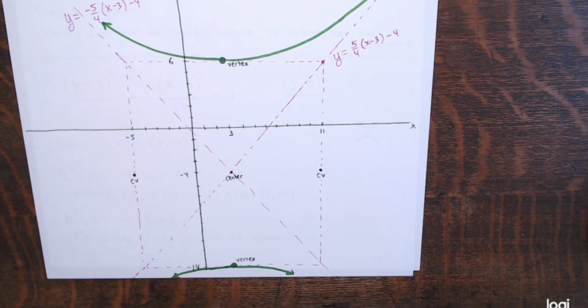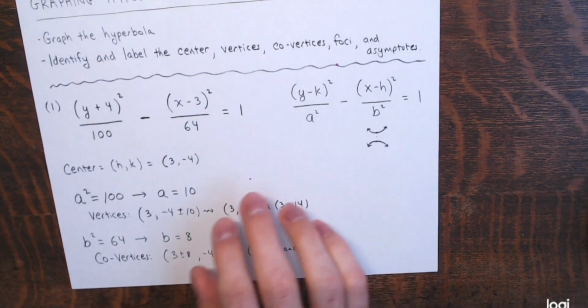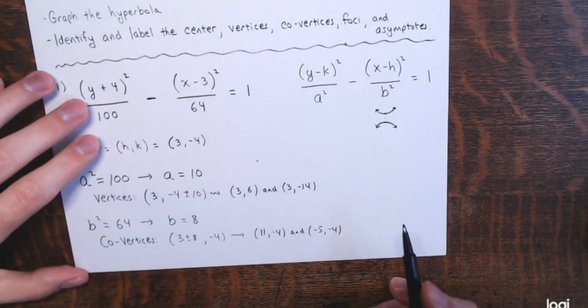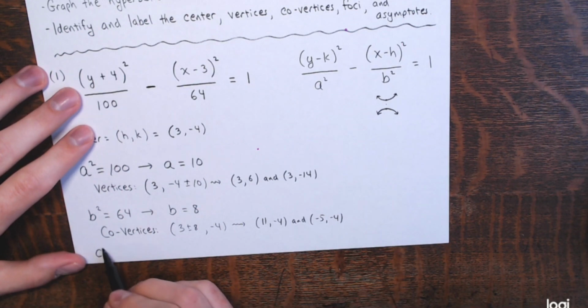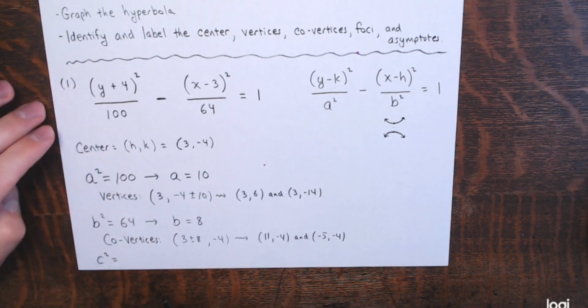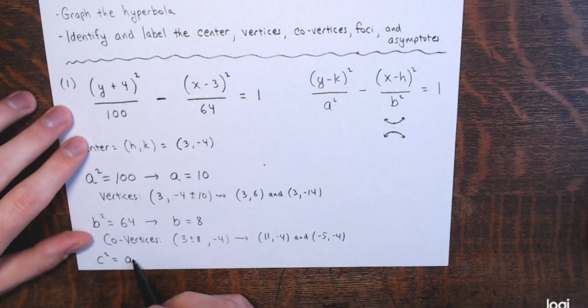All right, so I got the asymptotes, the equations for the asymptotes, the vertices, the center, the co-vertices. Now we're also asked to label the foci. Now remember, for the foci, you need that value of c, right? To find c, the relationship between c, a, and b for any hyperbola is c squared equals a squared plus b squared.